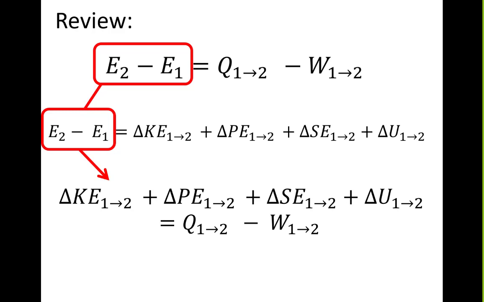It's that they tend to be really small relative to the change in the internal energy. If we're looking at steam through a steam turbine, it's really the change in the energy of the steam as the temperature and the pressure changes that dominates the problem.